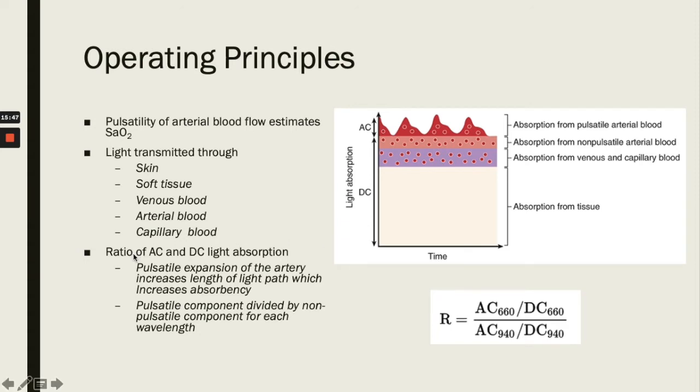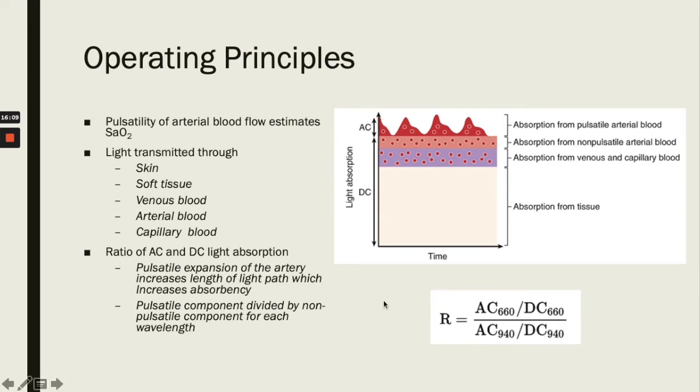And so it's a ratio of the AC and DC light absorption. The pulsatile expansion of the artery increases the length of the light path, which increases absorbency. We look at the pulsatile component divided by the non-pulsatile component for each wavelength.